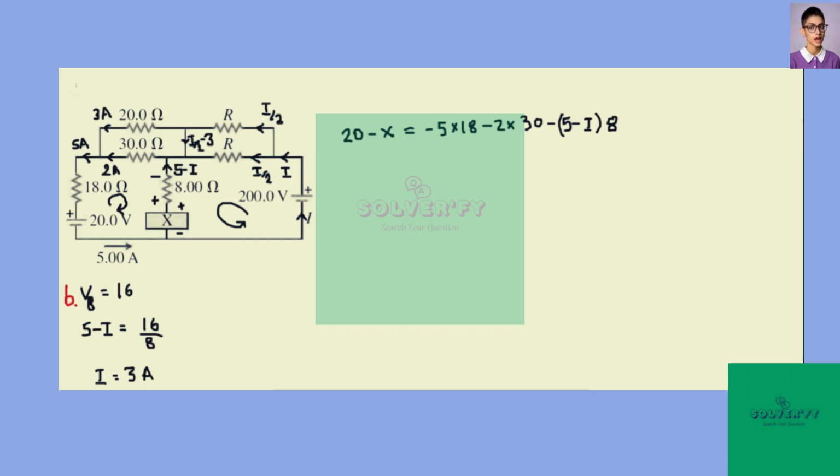Now we know the value of I is 3, so just plug in the value of I, then you can get the value of x. This gives me x equal to 186 volts. Wow, we are done with part A of the question.